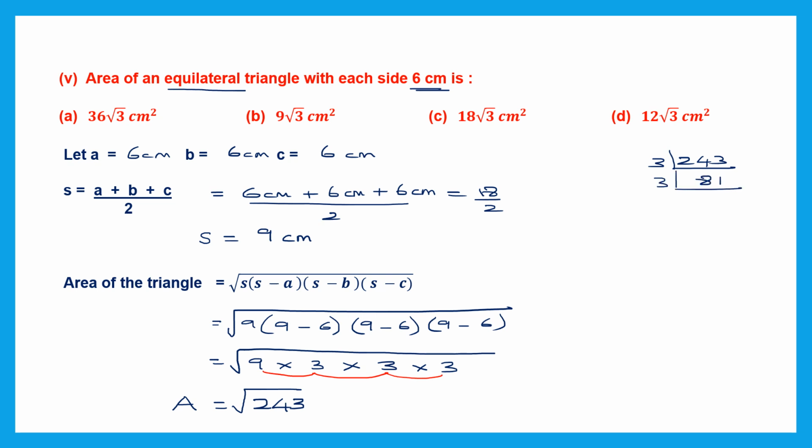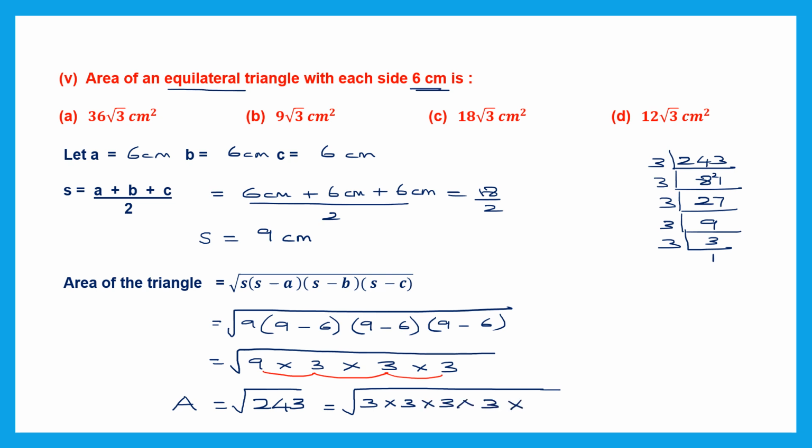Then we continue: 3 2s are 6, 3 7s are 21. Then 3 9s are 27, 3 3s are 9, and 3 1s are 3. Now to find the square root, we put them all together. There are 5 3s, isn't it? So 3 into 3 into 3 into 3 into 3, 5 threes.